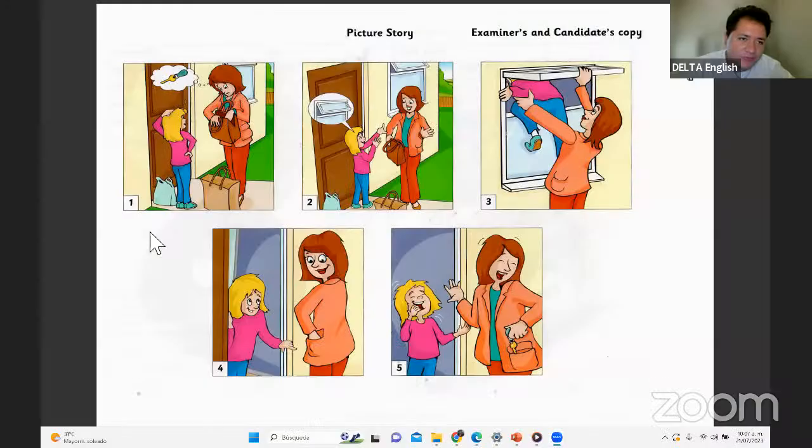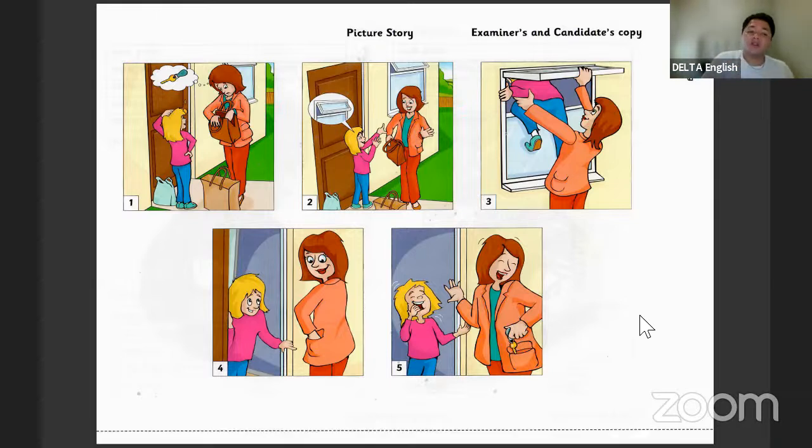I need to rotate it. Very well. So I'm going to show you these pictures, guys. You make a story. Okay, please write on the chat. Here you have a series of pictures, and you will tell me what is going on, right?